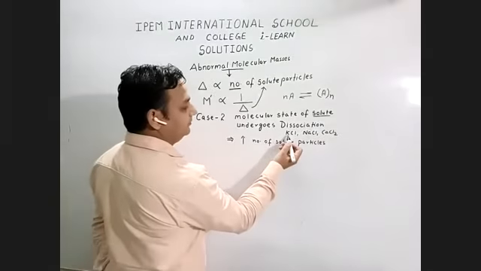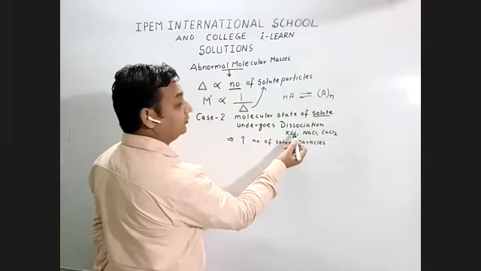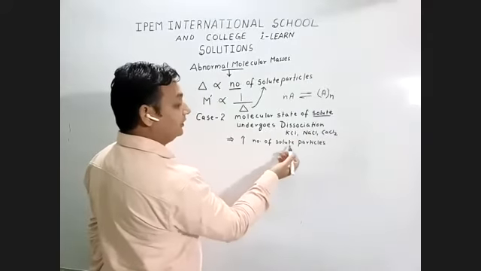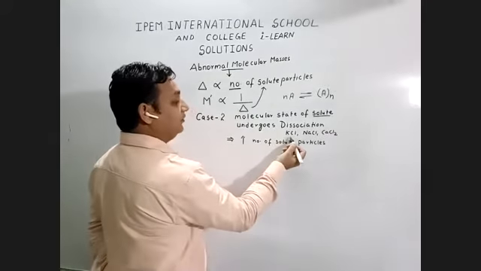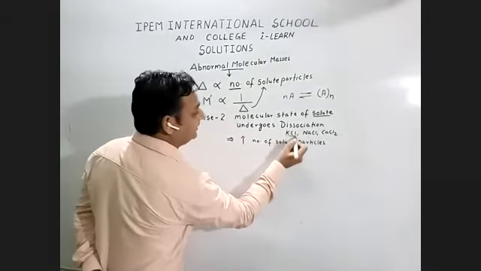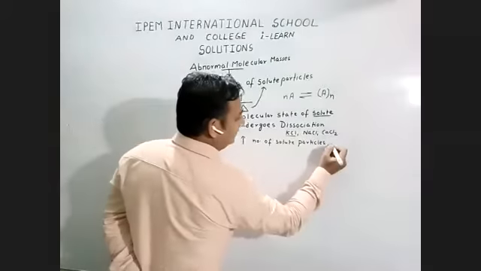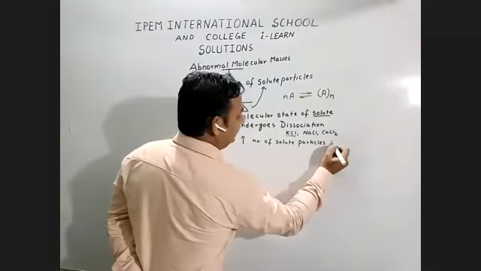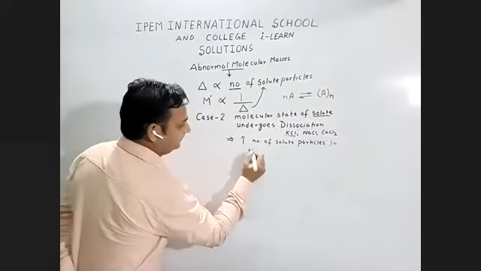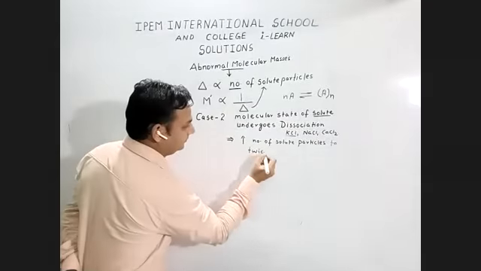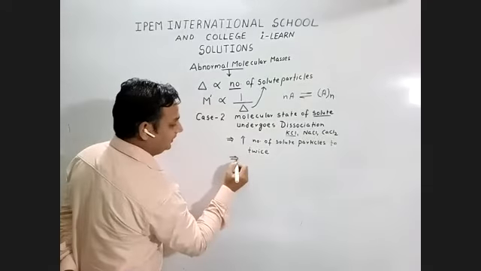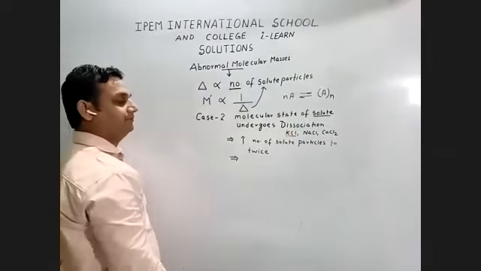In KCl, K plus 1 mole, Cl minus 1 mole, so 2. The number of solute particles as in case of KCl increases to twice after dissociation.